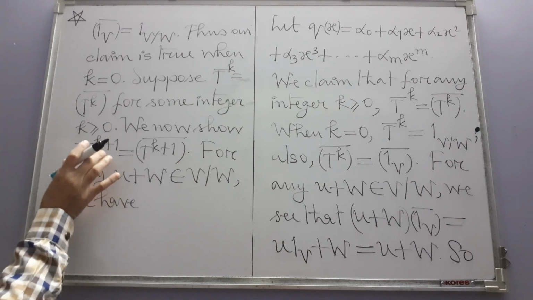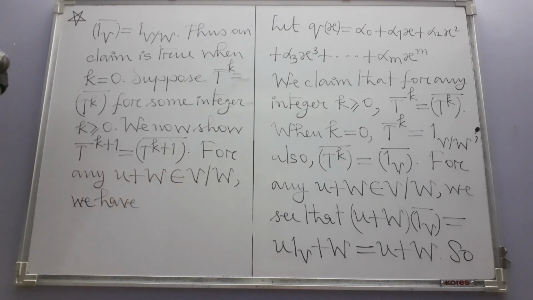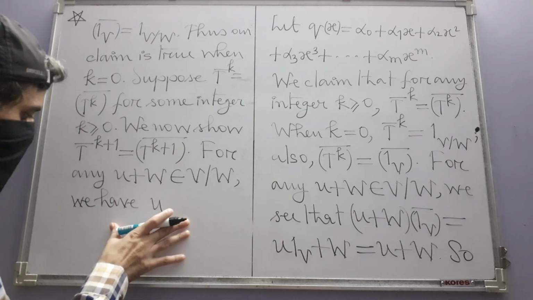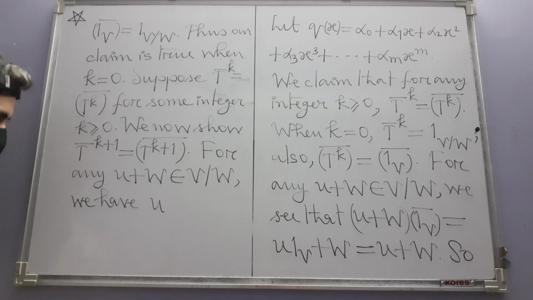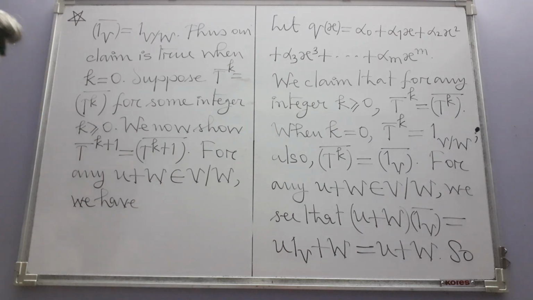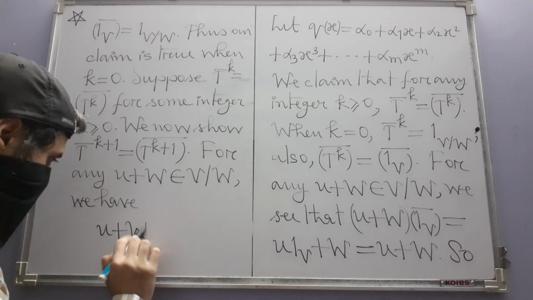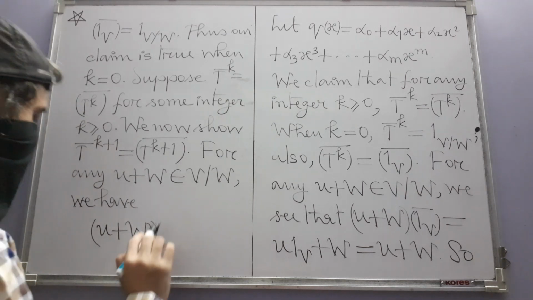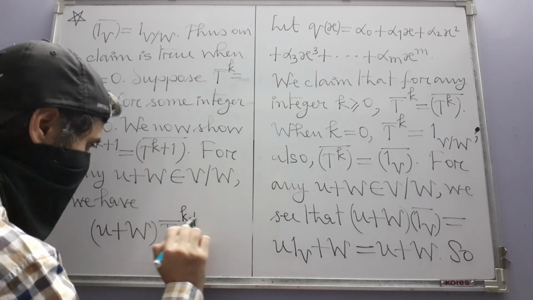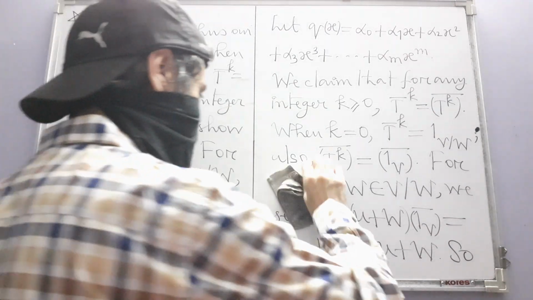So what we are going to do, let us apply this on u plus w and see what we get. I think the calculation, if I write it centrally, it will look better. U plus w, on that I am applying t bar to the power k plus 1. What shall I get?